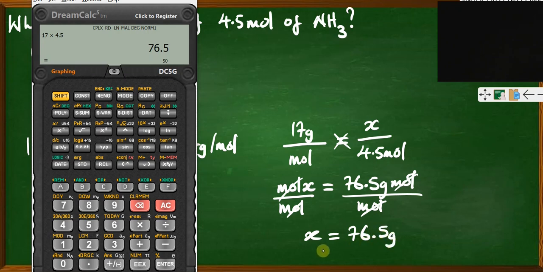Therefore, 4.5 moles of ammonia is equal to 76.5 grams. So you see how it is going.